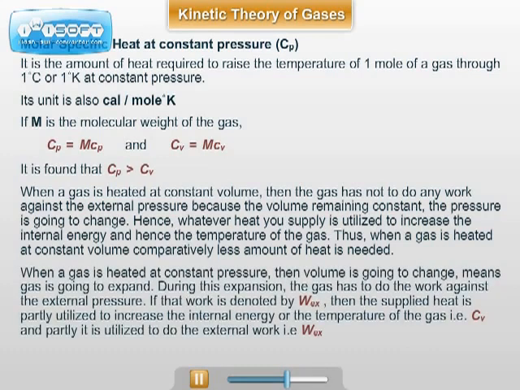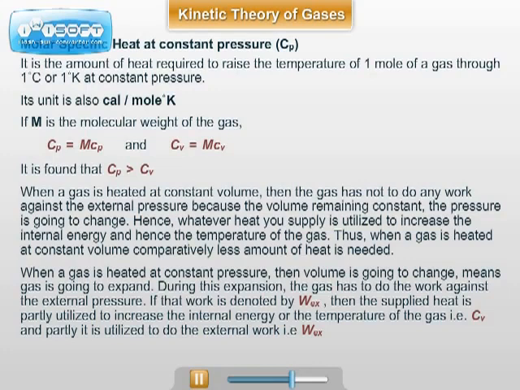When a gas is heated at a constant pressure, its volume increases. Hence, part of the supplied heat is used to increase the volume or to do external work. Thus, remaining part of the supplied heat is available to increase the temperature of the gas. Thus, remaining part of the heat is going to increase the temperature less than increase in the temperature in case of constant volume.